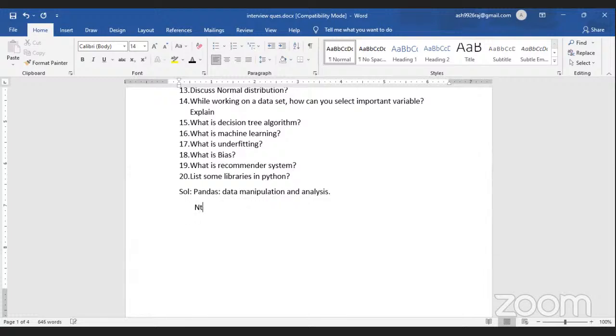Second is NumPy. It is used for mathematical and logical operations.